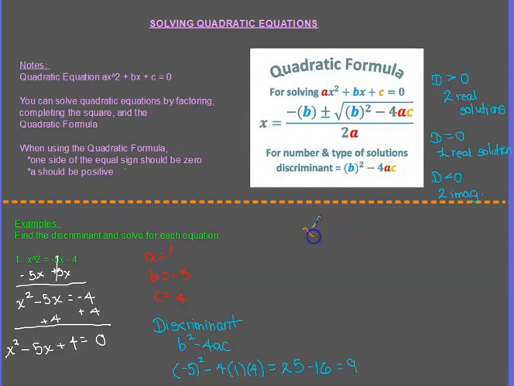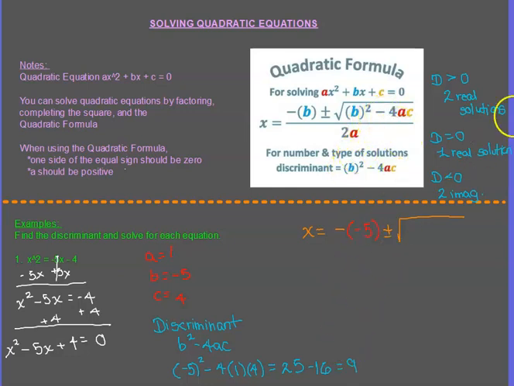And from here, I'm going to use my quadratic formula to solve for x. So I'm going to write negative, and I'm going to replace the b with negative 5. So just worry about replacing all of the letters with numbers first, and then we'll solve from there. Plus, now this is the nice thing about finding the discriminant first. B squared minus 4ac has already been solved.